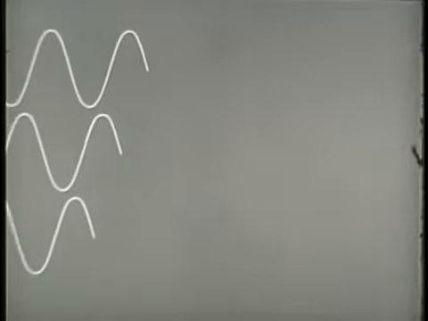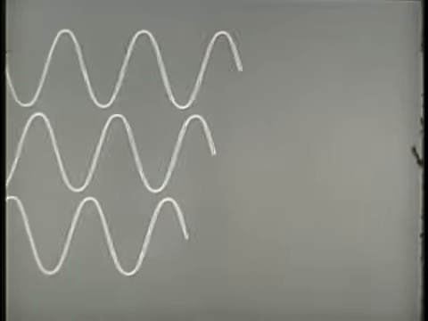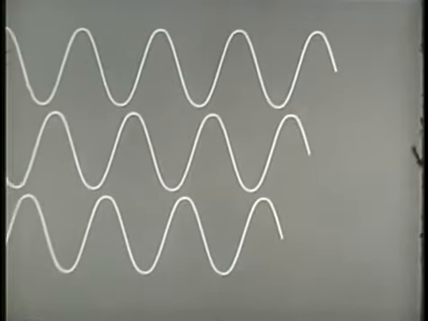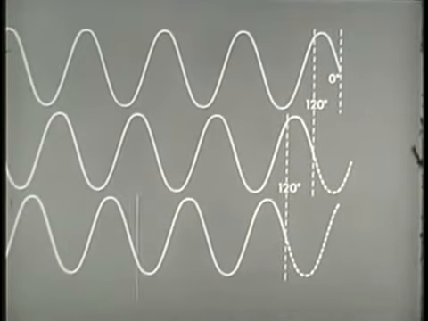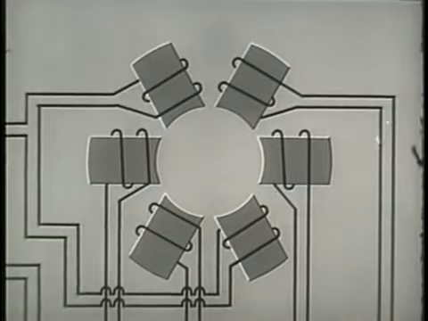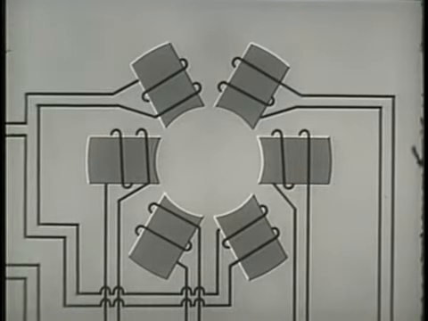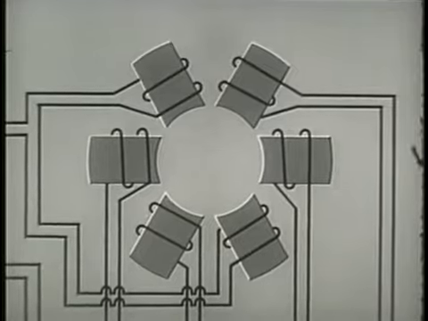We saw earlier how 3 voltages 120 degrees out of phase were generated. This voltage can be used to rotate the field electrically. Six magnets set in a circular arrangement represent the field of a 3-phase induction motor.